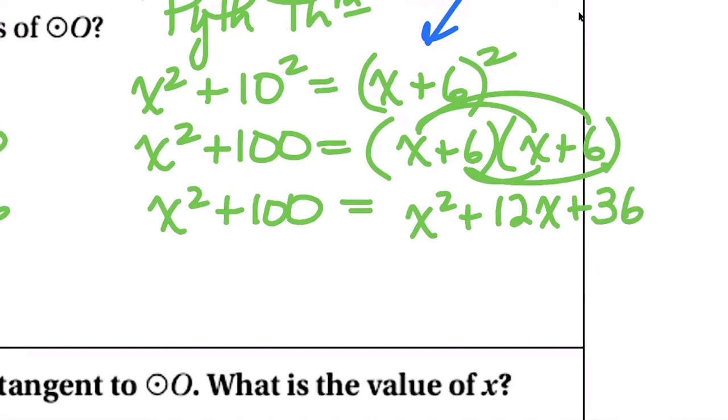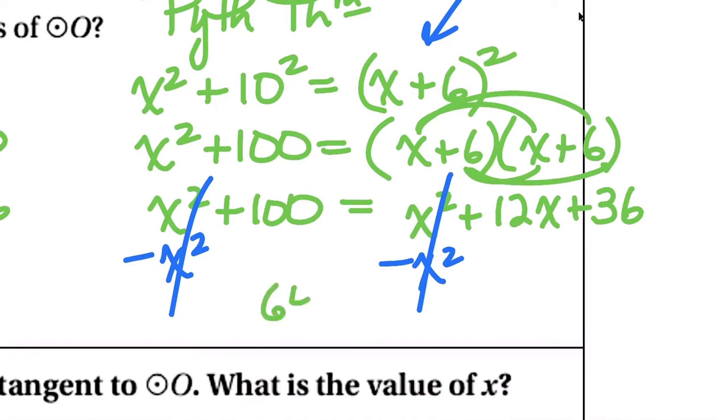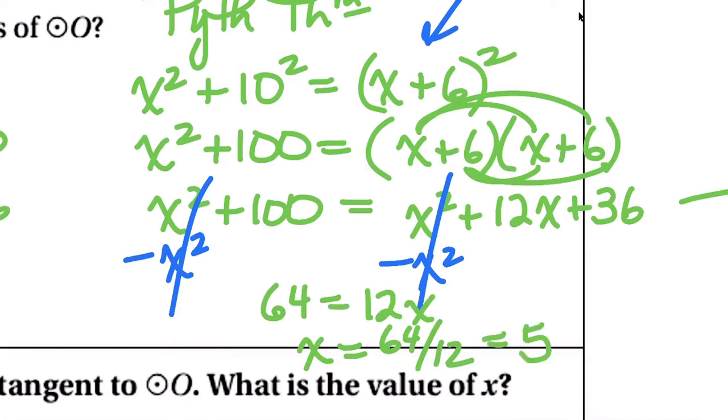Now notice that we can actually subtract off the x squared on this problem. It's not even quadratic. It looks like it's going to be, but it's actually not. So 100 minus 36, 64 is equal to 12x. X is equal to 64 over 12, which is 5 1/3, because it's 5 and 4/12.